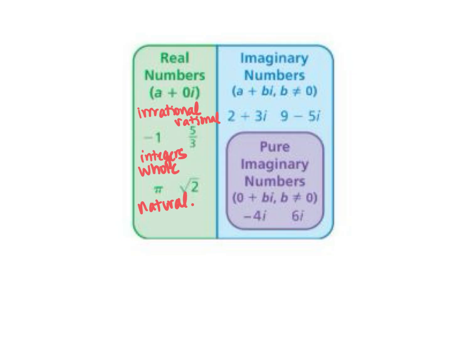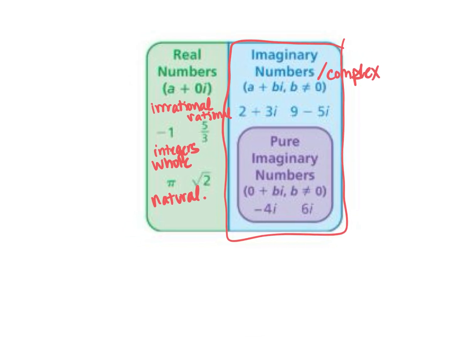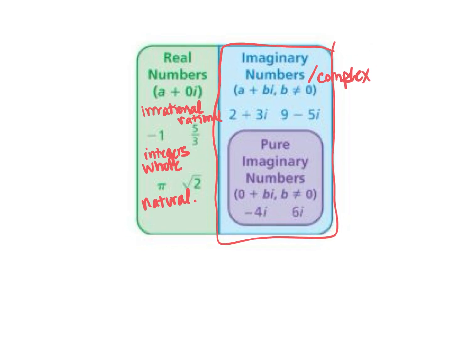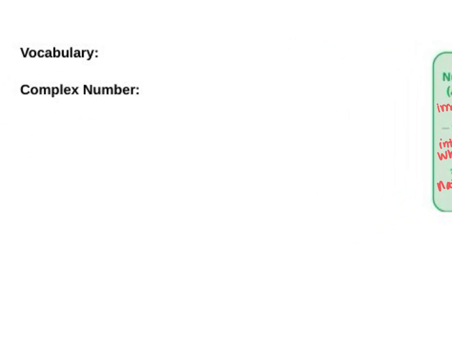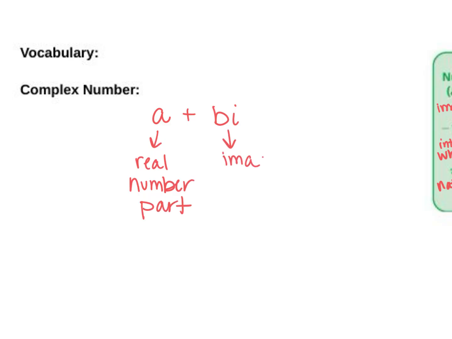Okay? So now what we're doing is we're adding a new plane of numbers. We have imaginary numbers, which are actually complex numbers. They are made up of a real part and an imaginary part. So the way it works, a complex number has a plus bi. It's got a real part or an imaginary part.